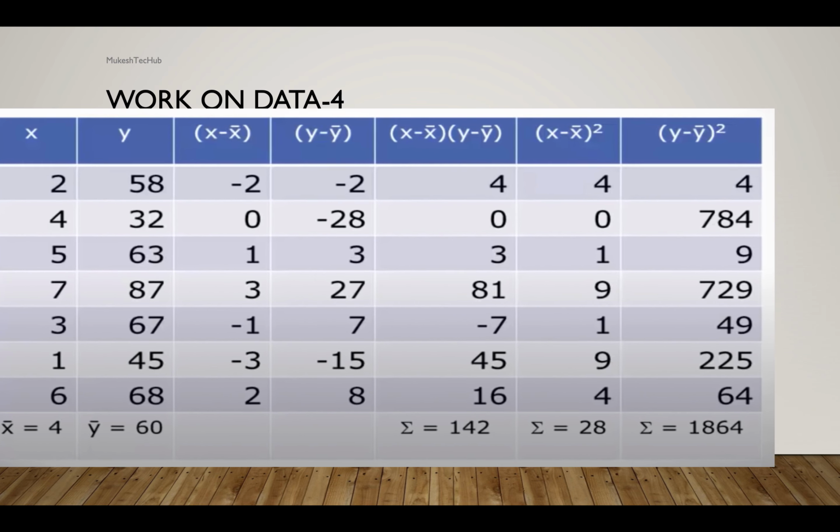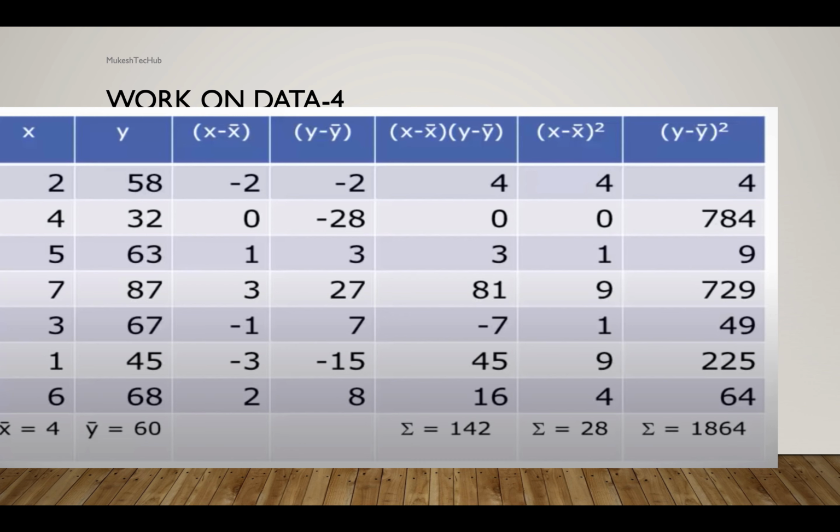Just look at the table how we were doing. So x minus x bar whole square, y minus y bar whole square, and if we do the summation of that one, x minus x bar whole square will give the summation as 28, and y minus y bar whole square will give the summation of 1864.